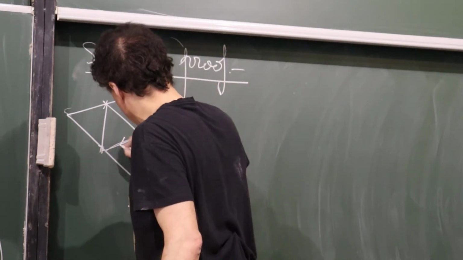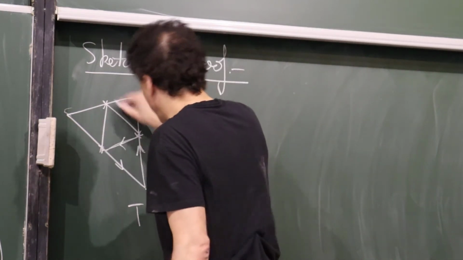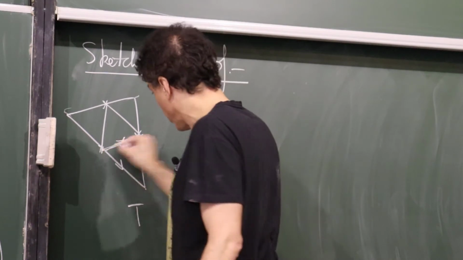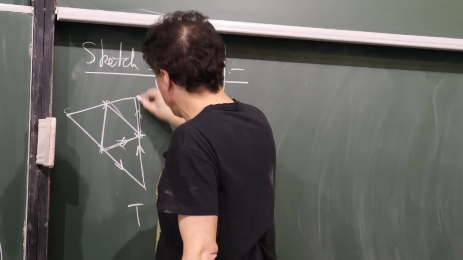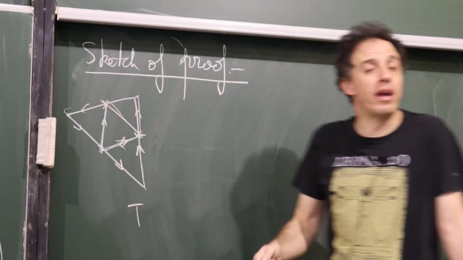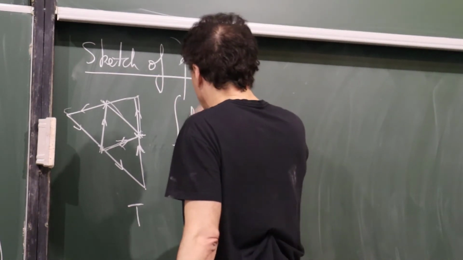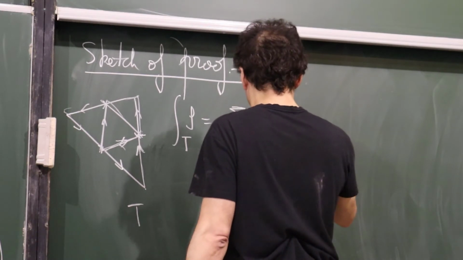In this triangle you integrate here. Let's say in this triangle here you integrate also in the counterclockwise sense. So integral here, here, and here. Here the same. Here, here, and here, and in the 4 triangles. You can do the integral along the 4 triangles. So the integral along T is the sum of 4 integrals.